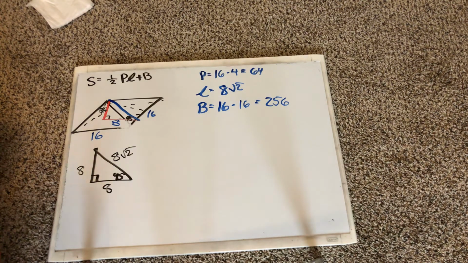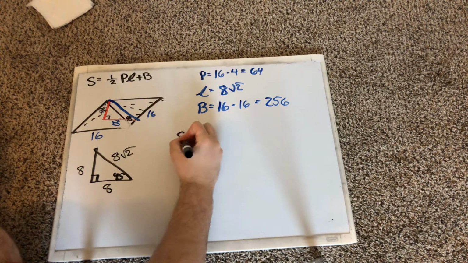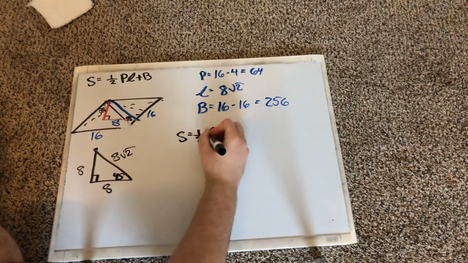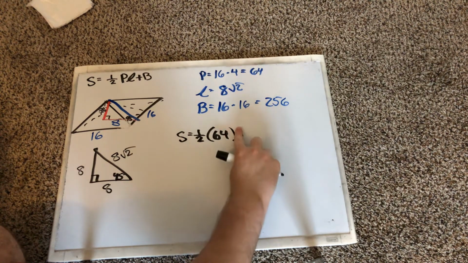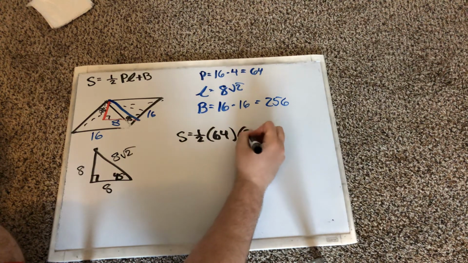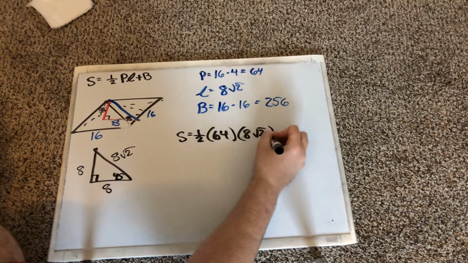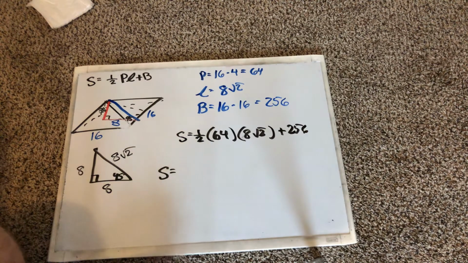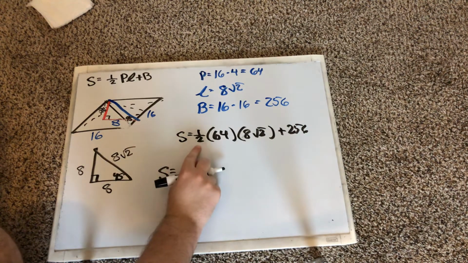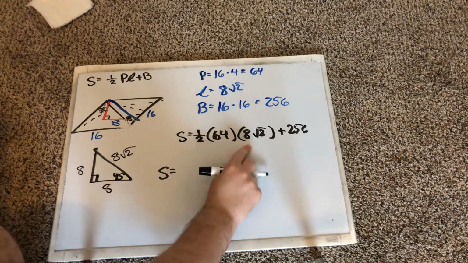So if I'm plugging stuff into my surface area formula, I have 1/2 times the perimeter, which we found was 64, times the slant height, which is 8 square root 2, plus this 256. So let's simplify some stuff. I got 1/2 times 64 times 8 root 2.